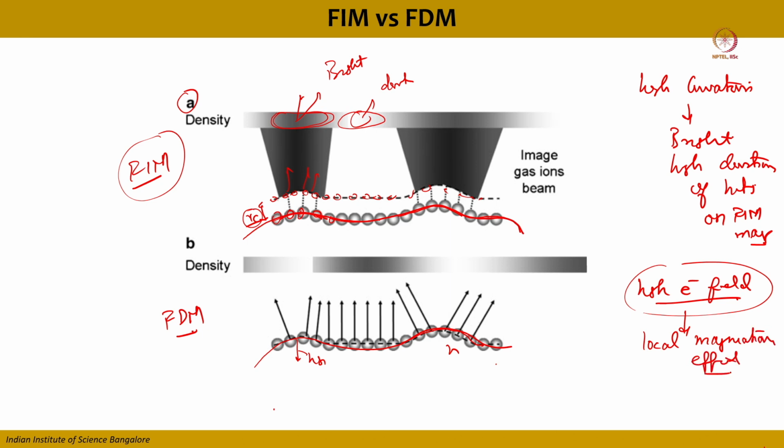What are these local magnification effects or the trajectory aberrations? These are when these atoms get polarized or ionized. Actually, due to the local curvature and electric field, these particular ions get repelled between the ions.